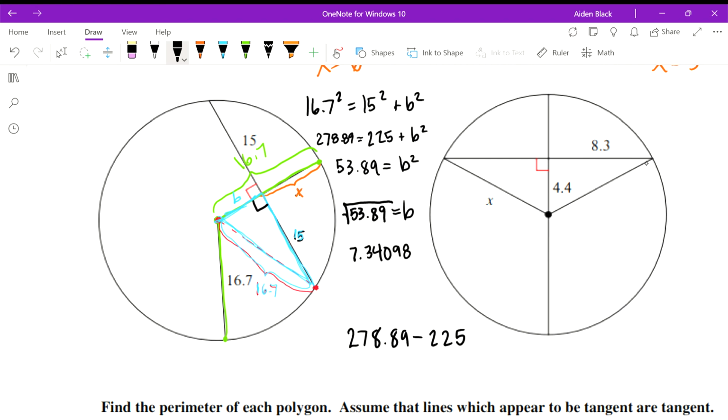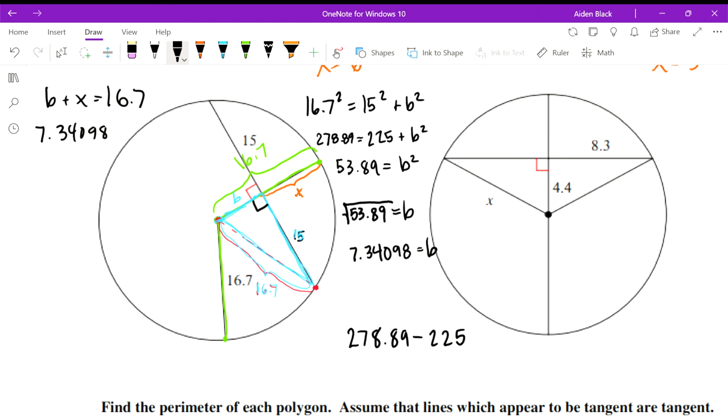So 7.34098 is what b is equal to. And we know, if you look right here, b plus x equals 16.7. And b is 7.34098.